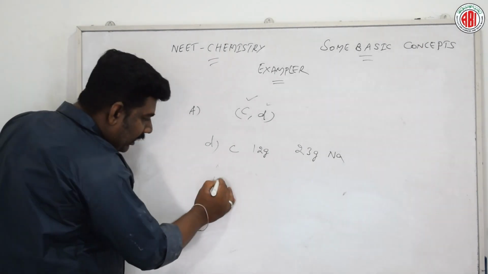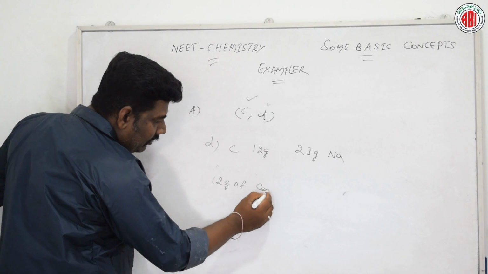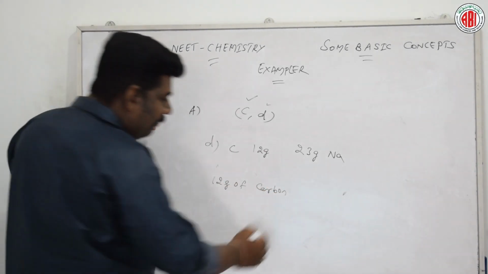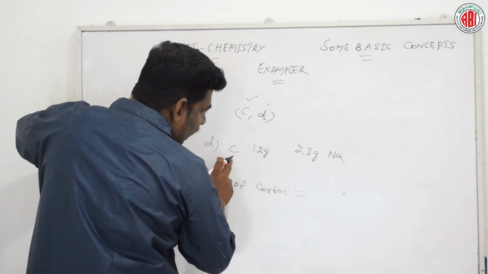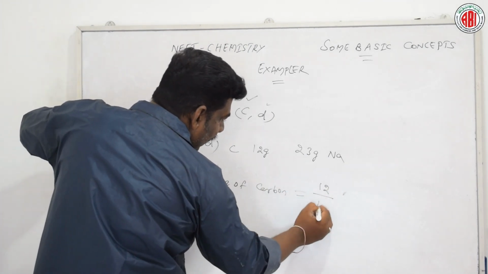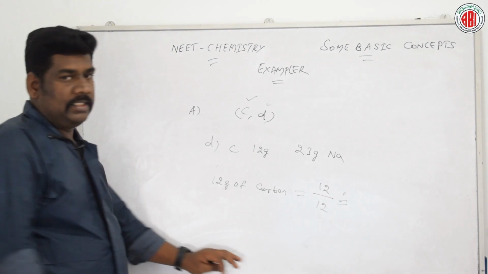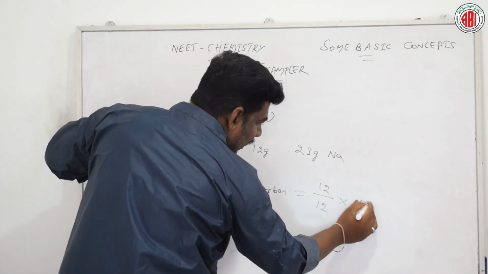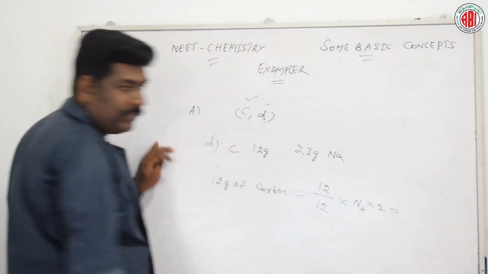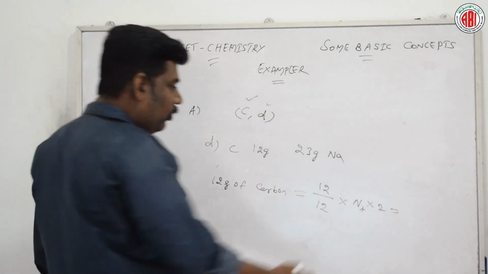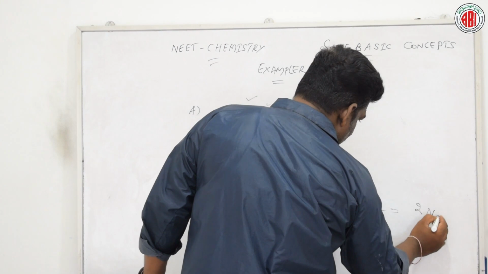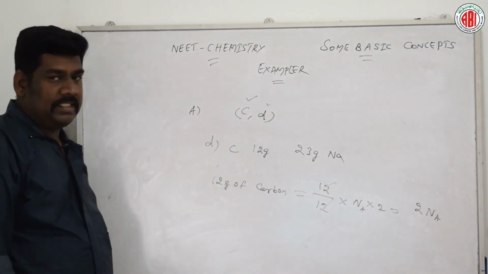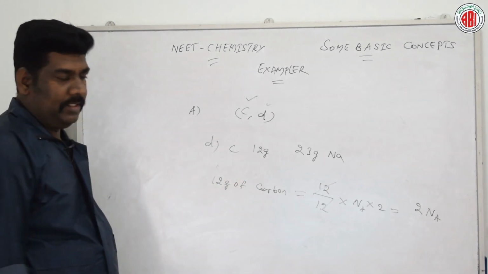So 12 gram of carbon contains the number of atoms for carbon, that is 12 by 12 into Na into 2, that is nothing but 2 into Na, cancelling this, yes, 2 into Avogadro number.